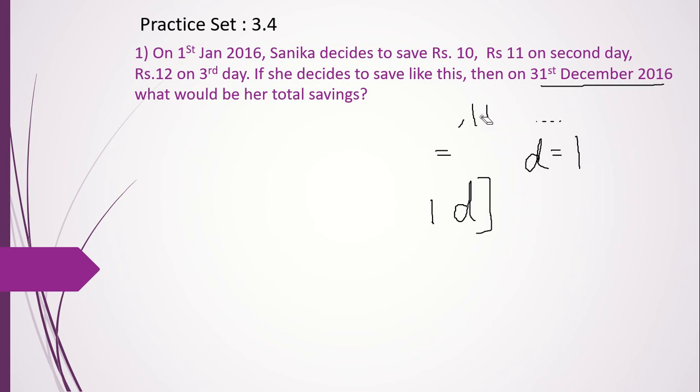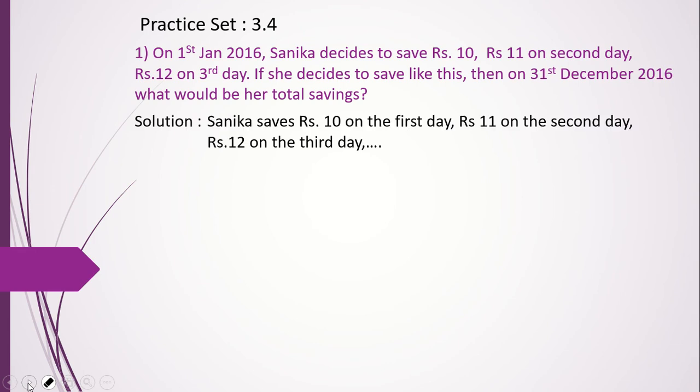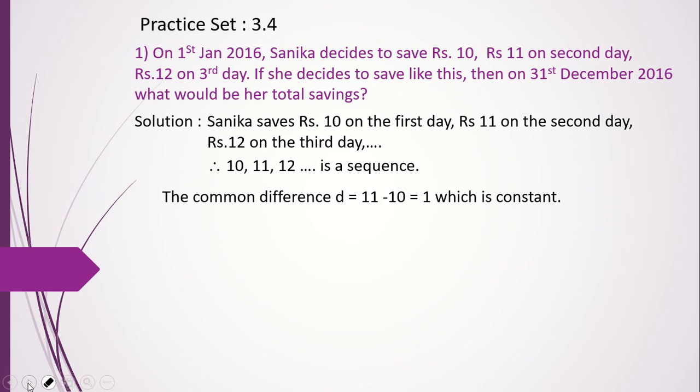Only important thing here is to understand what is d, what is n, all these things. If you can understand that, then there's no problem at all. So Sanika saves rupees 10 on the first day, 11 on the second day. So this is a sequence, and this sequence is in AP, because the difference is common.